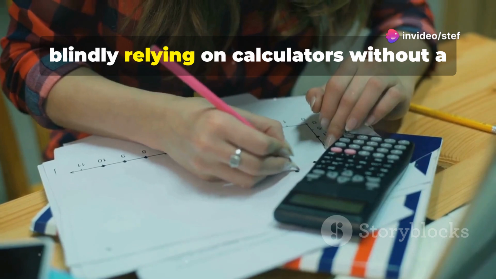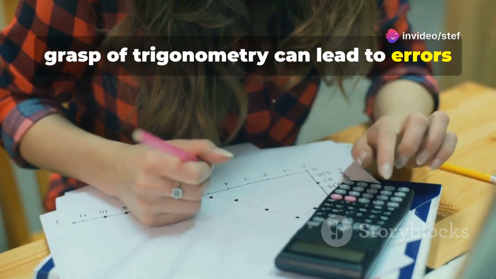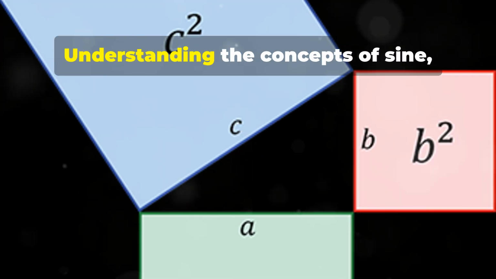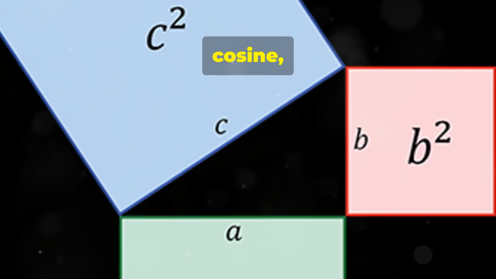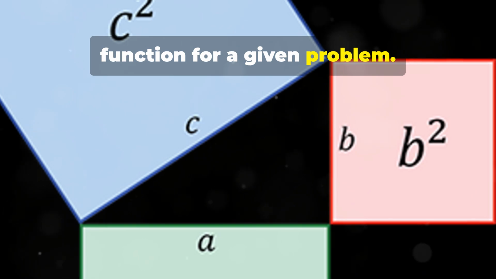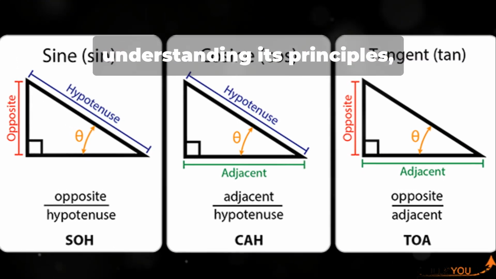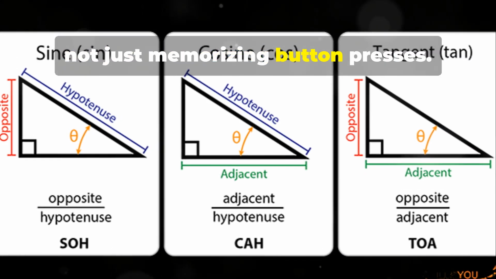Similarly, blindly relying on calculators without a grasp of trigonometry can lead to errors and misinterpretations. Understanding the concepts of sine, cosine, and tangent allows us to choose the right function for a given problem. True mastery of trigonometry comes from understanding its principles, not just memorizing button presses.